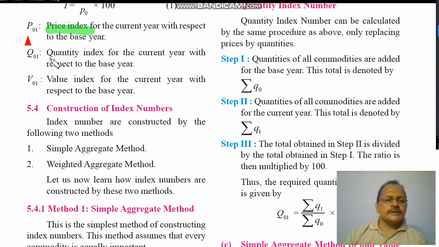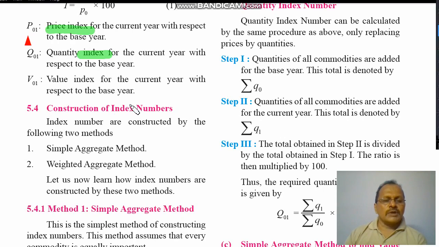Q01 is the quantity index number of the current year with respect to the base year, and V01 gives you the value index number for the current year with respect to the base year.